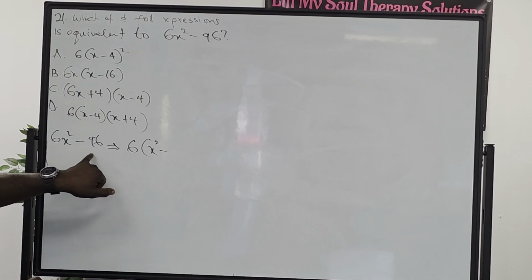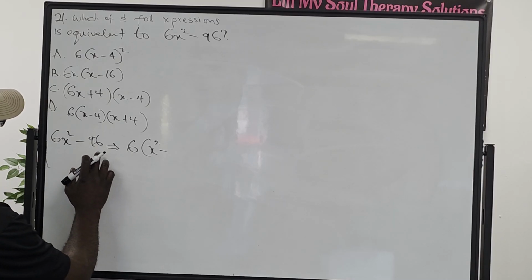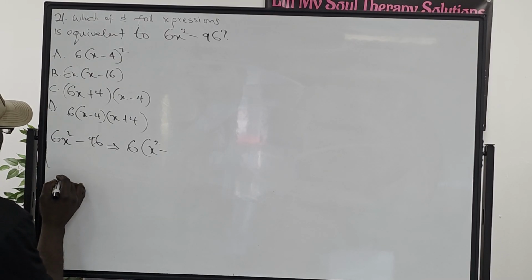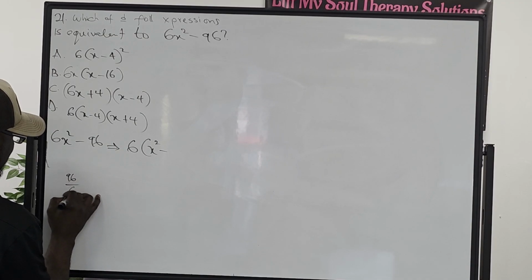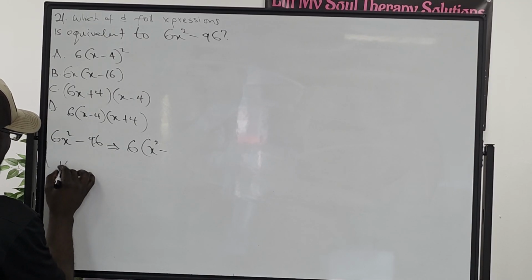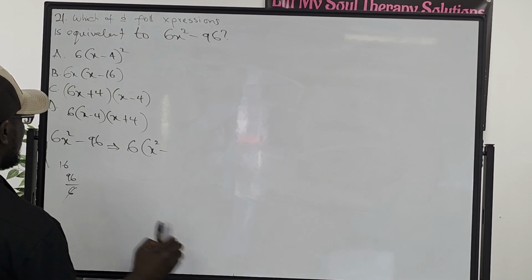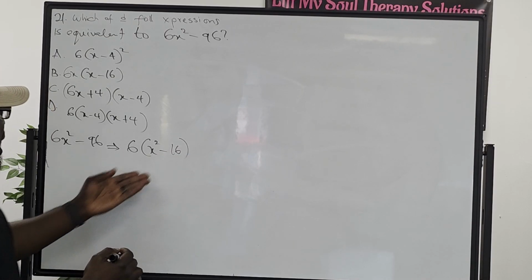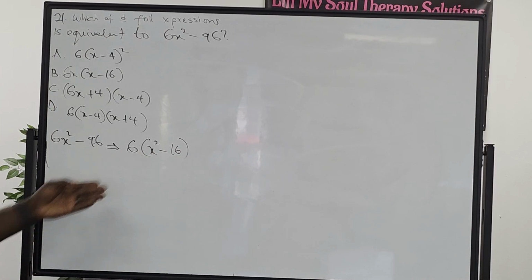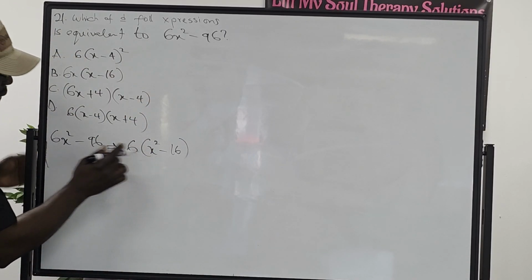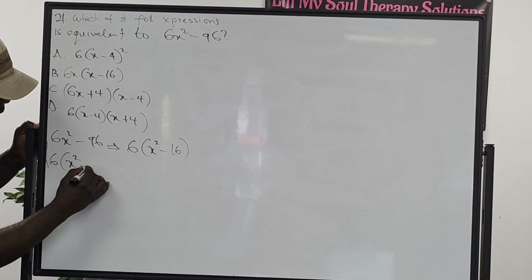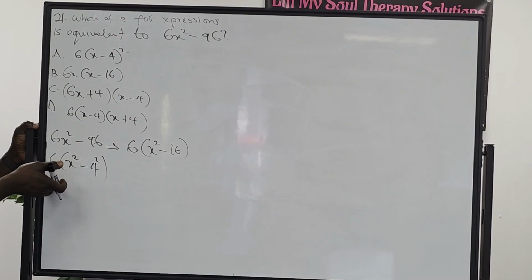We can write this as 6 times x squared minus 16, because if you expand this, you still get this. And 16 is 4 squared. So now we have a difference of two squares.